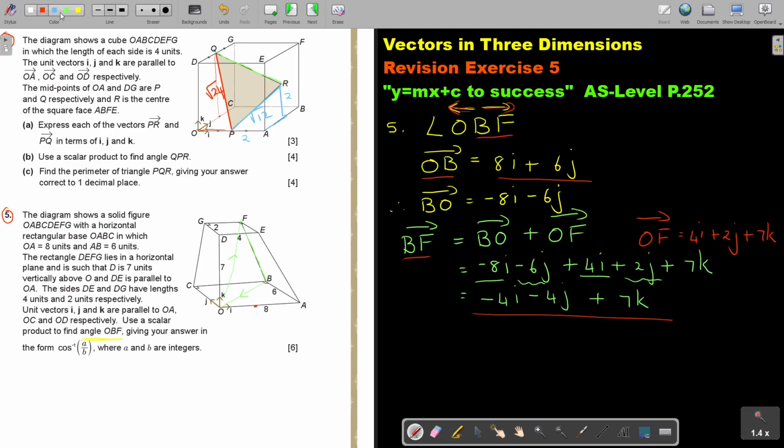So I can say, okay, angle, first, it's angle BF. So the scalar product, let's first find the scalar product. Remember my angle now is at B, I said I'm going to work with BO and BF.